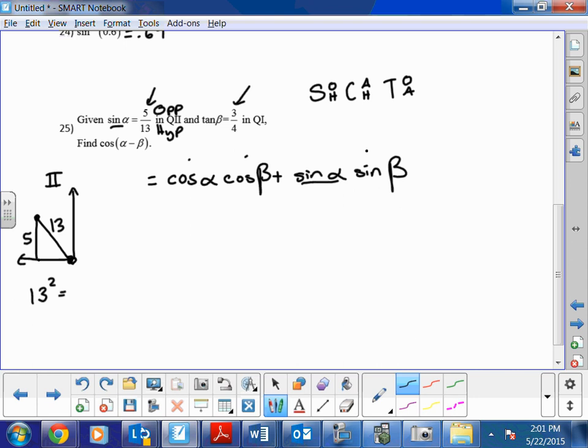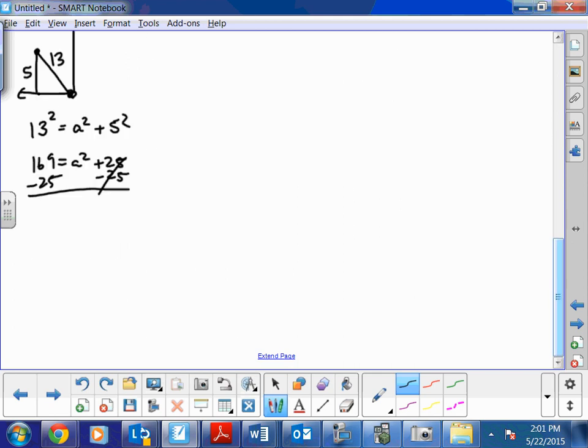So we'll have a squared plus 5 squared equals 13 squared, 169 is equal to a squared plus 25. I solve for a squared, so I subtract 25 from both sides. It's really 144 equal to a squared, which means if you take the square root of it, a is plus or minus 12.